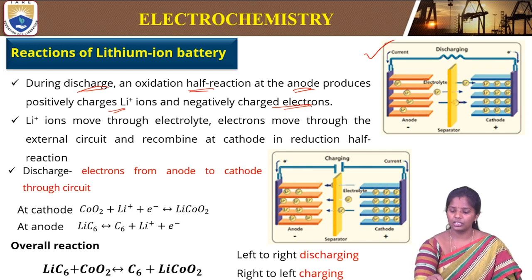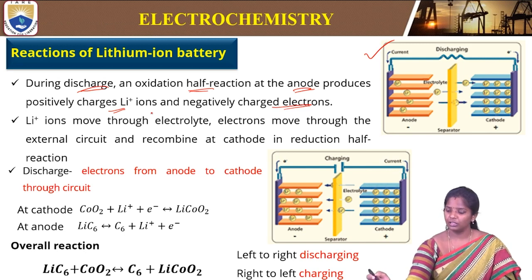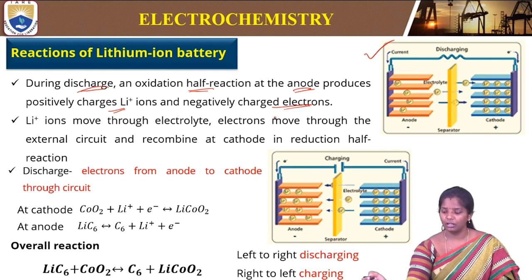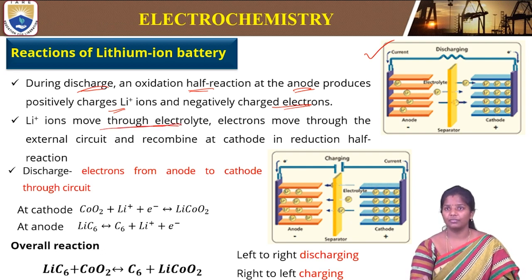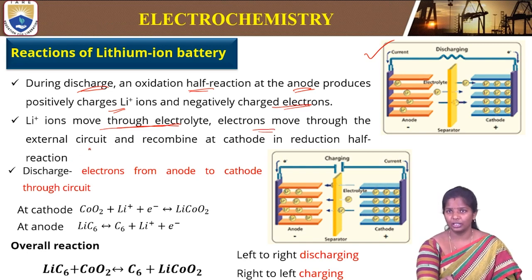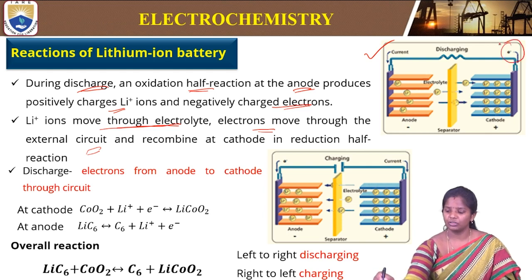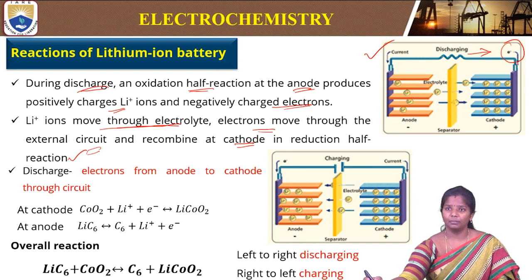So these lithium ions will move through the electrolyte, and electrons will move through the external circuit. As we see, here the electrons are moving through the external circuit, and they recombine at the cathode in the reduction half reaction. Here is the cathode. These electrons will recombine here.